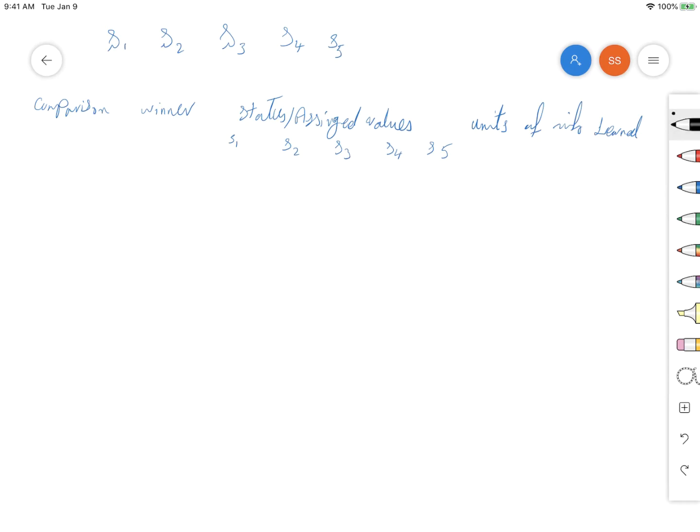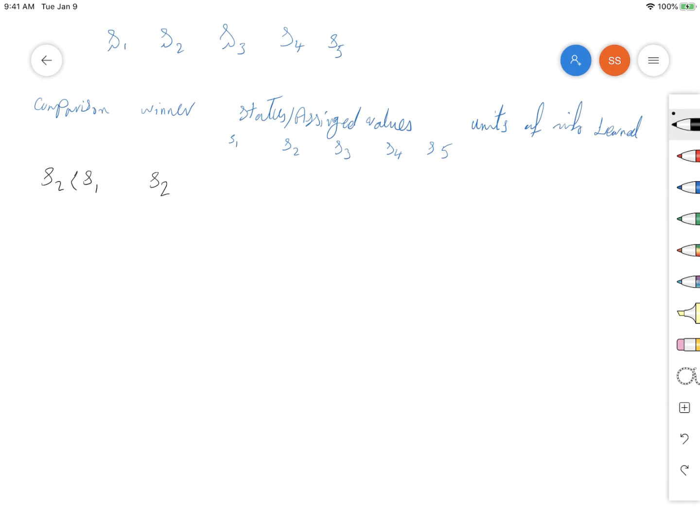Assume that first we are asking whether S2 is less than S1 or not. Let's say that our opponent, the adversary, says the answer is no. It means that S2 is greater than S1.